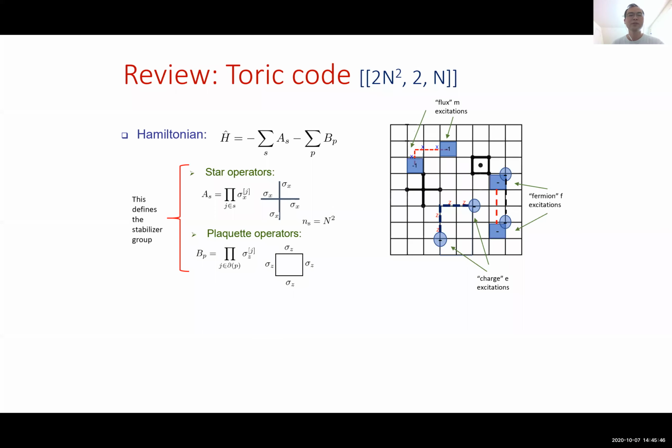And this is the stabilizer group. In the ground state, A_s and B_p are numbers, they're 1. If you act on the ground state, it should return to itself. So you can basically regard this as 1.